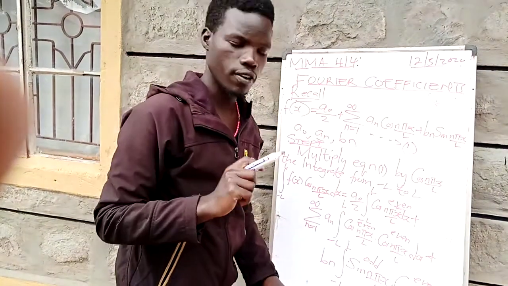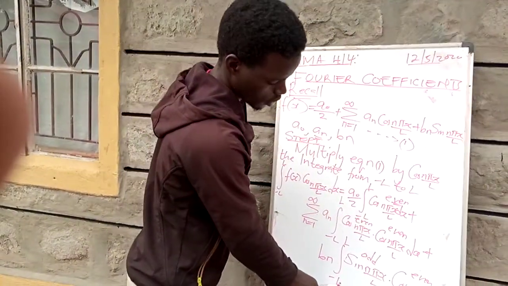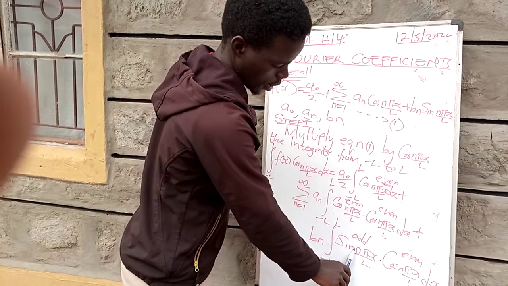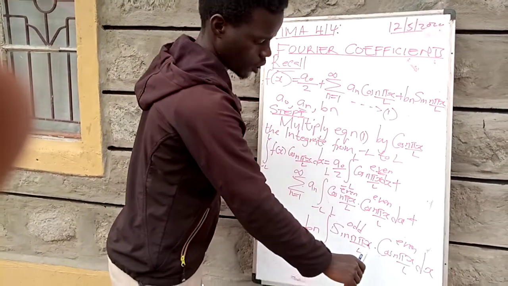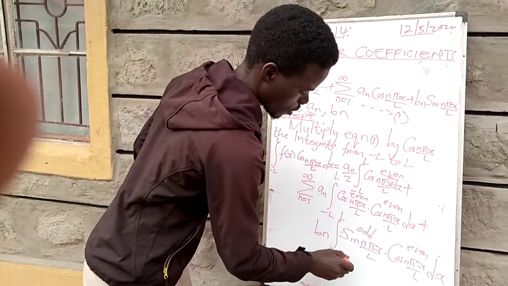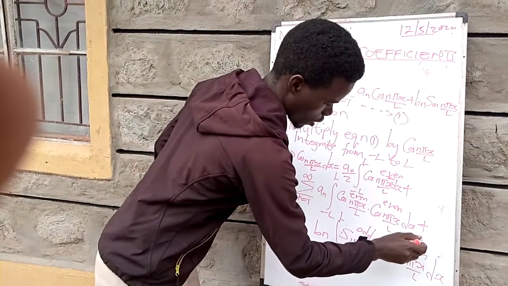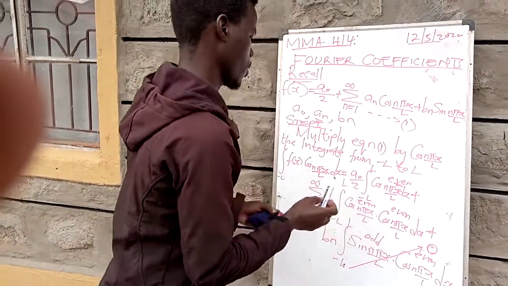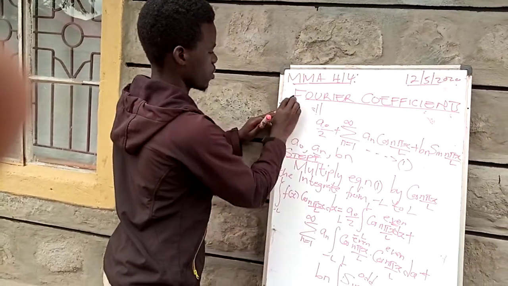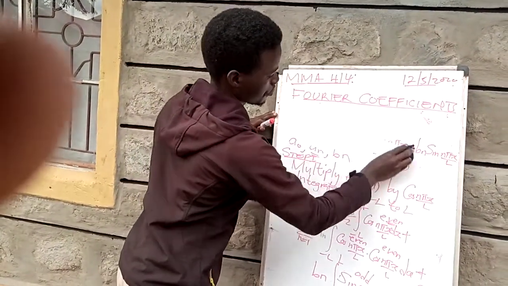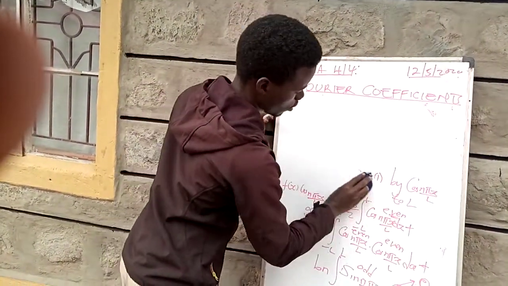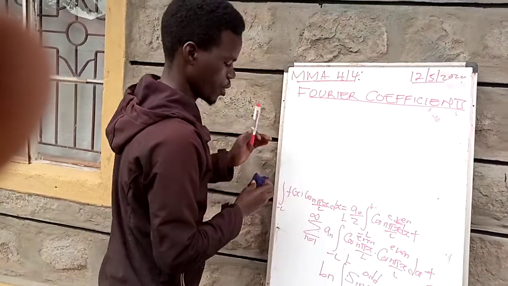And if you recall very well, integration in closed limits from negative L to L of an odd function is always equal to 0. So the whole of this will run down to 0, and this is what we are going to remain with.